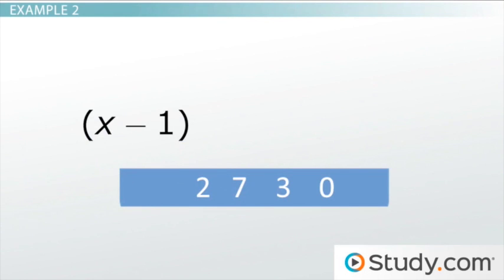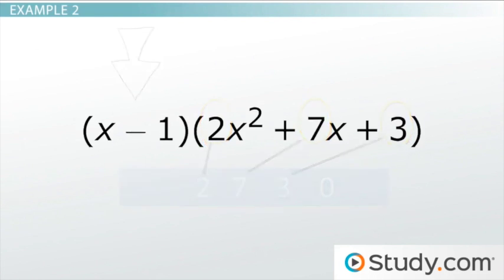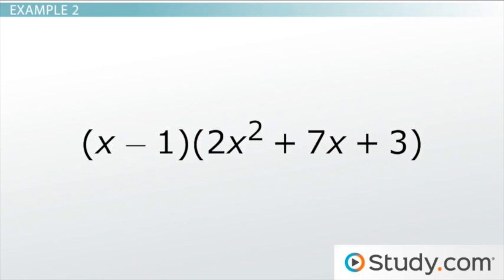We can now rewrite the original function. First, let's show the factor x minus 1. Next, let's add the quadratic expression. X minus 1 times 2x squared plus 7x plus 3. We could continue to use synthetic division to find any other rational zeros.